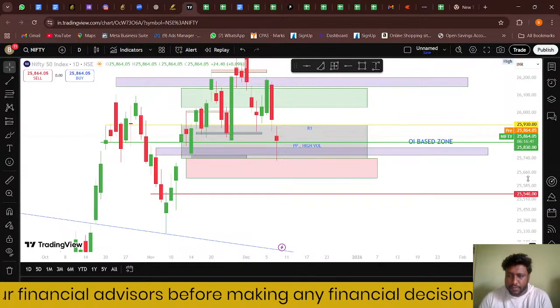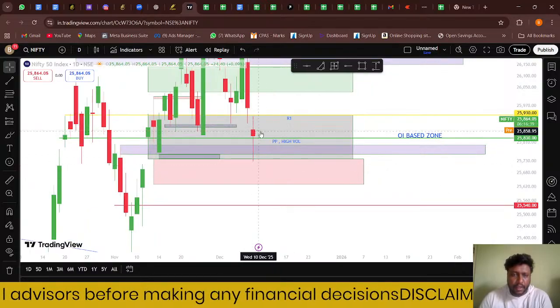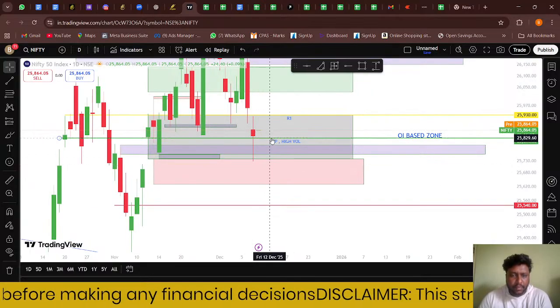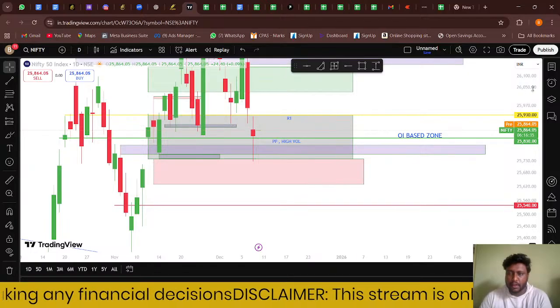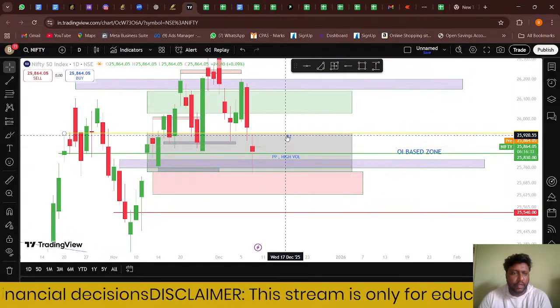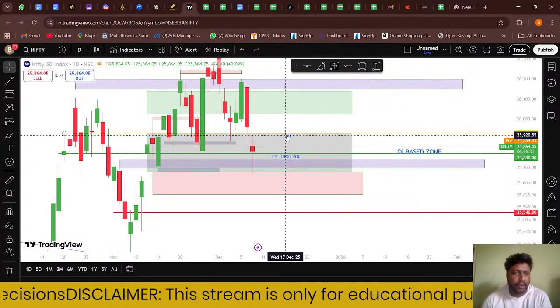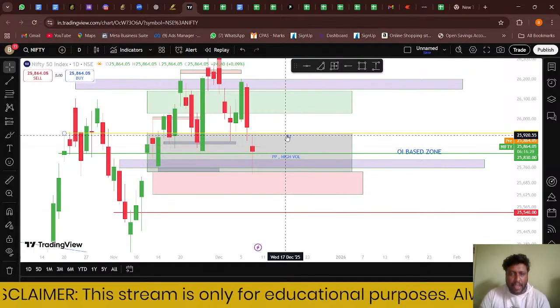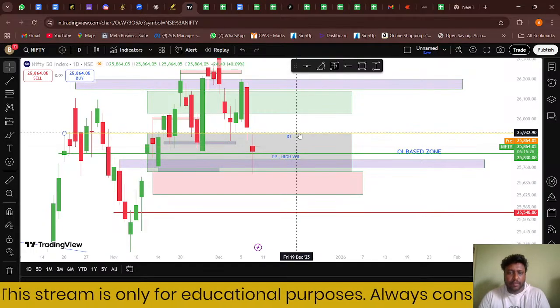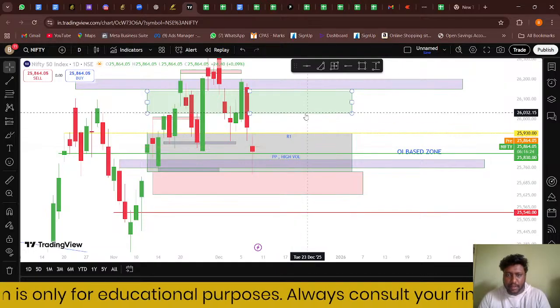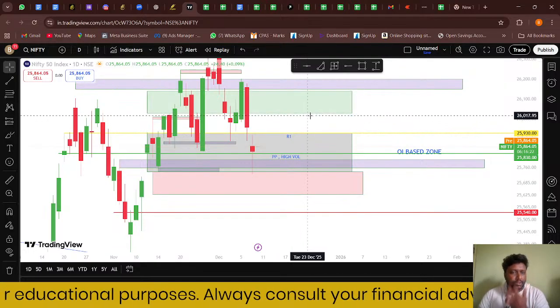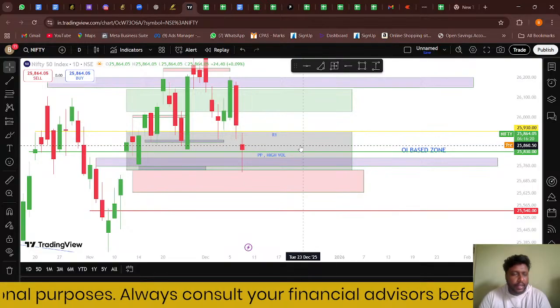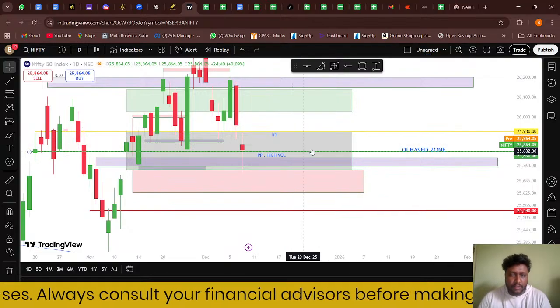On the bullish side, you can consider a bounce back from this particular level and take a trade on the bullish side if the market validates it with volume. You can keep resistance 1 as the first target, and this particular zone as the second target zone, and you can trail the SL with respect to these levels.